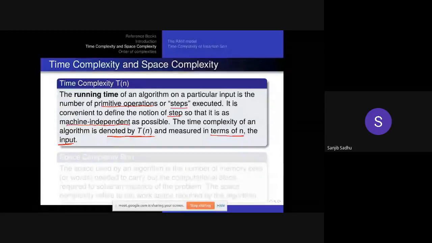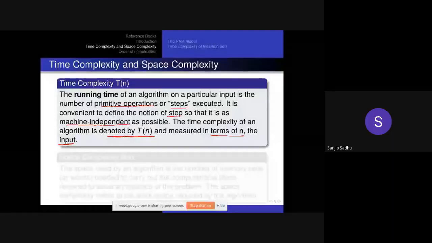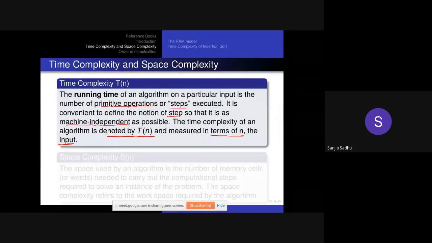Suppose you would like to find the GCD of two numbers: how many bits are required to store the two numbers is also important. So don't always think the input means the number of elements. It may be the width required to store a number also.